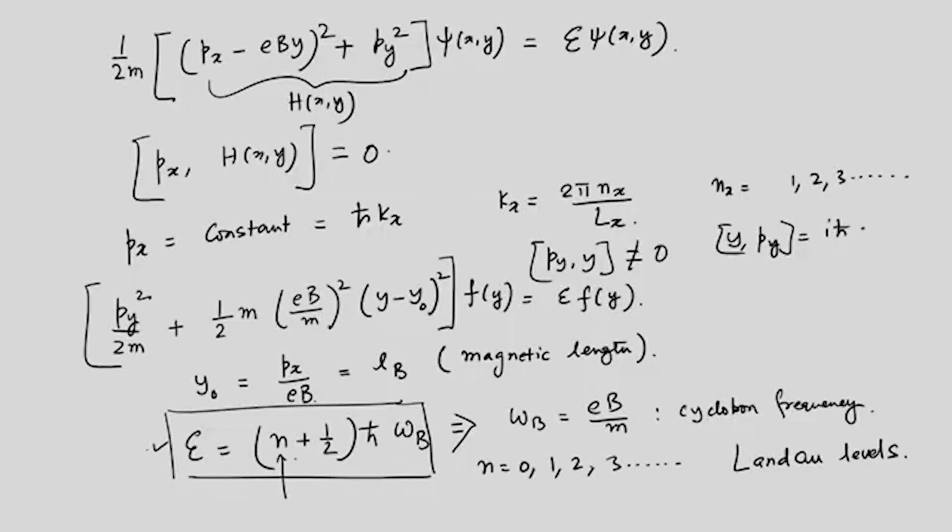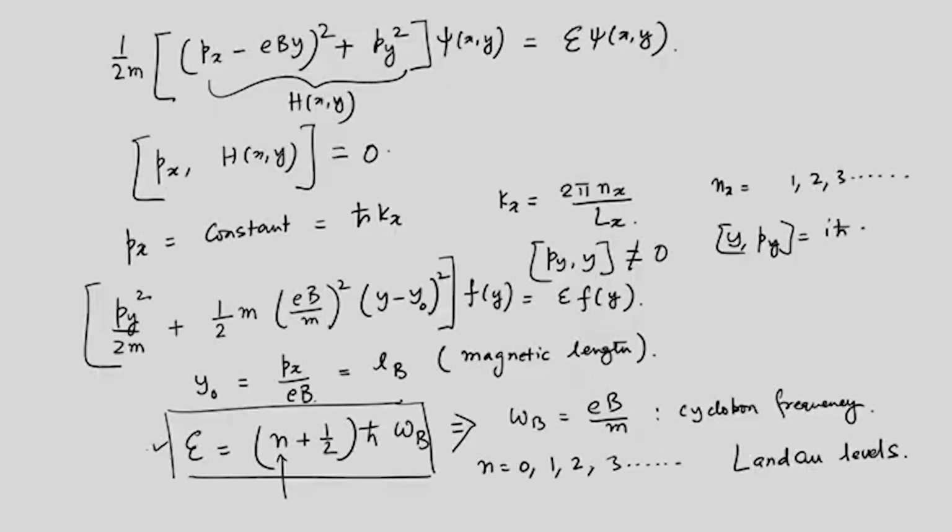This means that corresponding to a given value of n, there could be a very large number of values of nx that are possible. In principle this is infinite, but the degeneracy is actually limited by some factors, and let us try to understand what factors it depends upon.